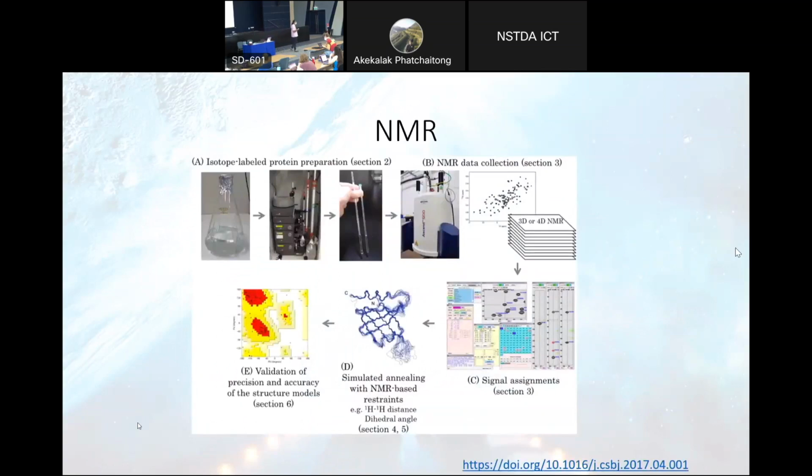In NMR techniques, you have to label your residues. That means you have to put certain residues with different atomic weights, the same atoms with different atomic weights. When you turn a magnetic field on, those atoms will be aligned in a certain direction because they have a magnetic moment. You turn the magnetic field off, and then they slowly rotate and fall back.